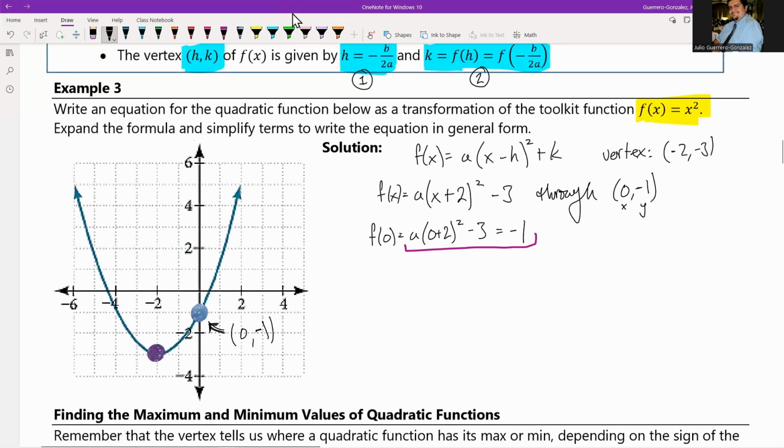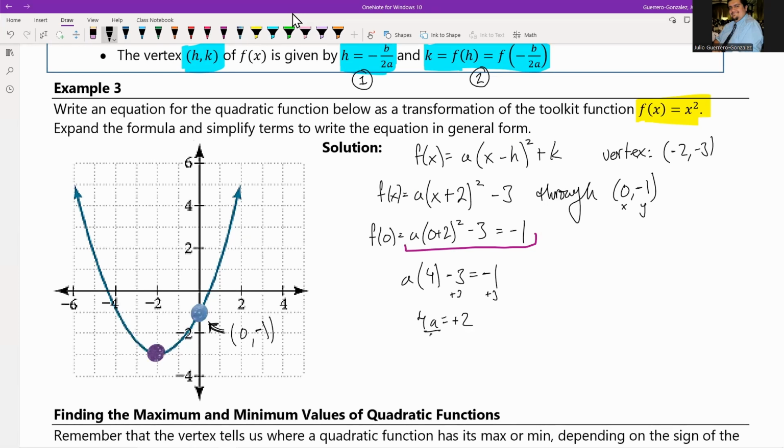Okay, so a, 0 plus 2 is 2, squared, that's 4, minus 3 is equal to -1, right? Plus 3, plus 3, sorry, 4a is equal to positive 2.